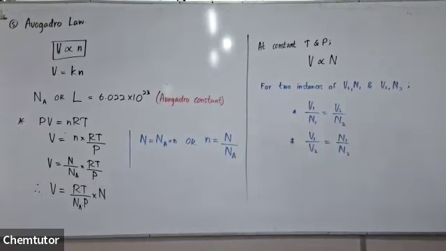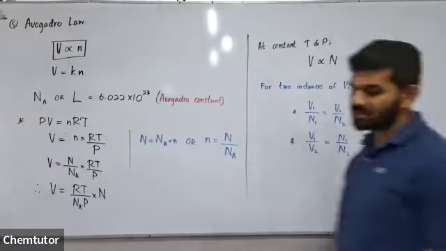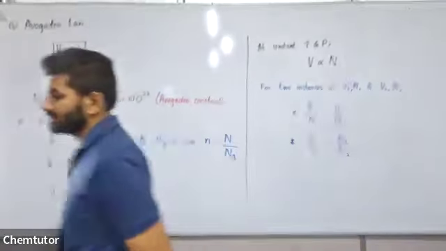So then let's move on to the next law. Actually, it's not a law. Now we are going to determine the molar volume of a gas. Molar volume, as it is given by the name, we are going to determine the volume of 1 mole of a gas. For any particular gas, at a given temperature and pressure, the molar volume is a constant.